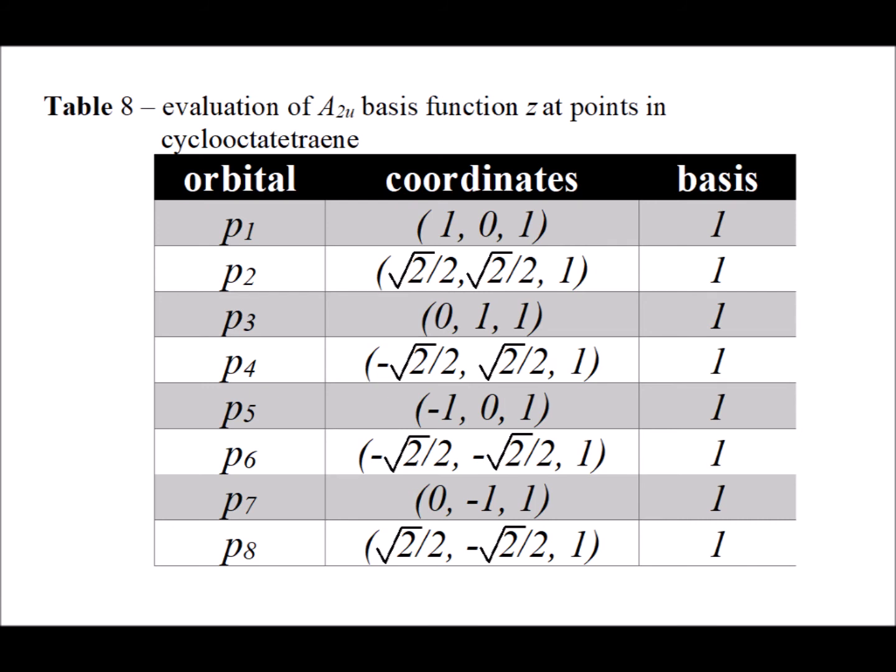So for the case of the A2U combination, we see that each point has an evaluated basis of 1, so therefore each one is going to have a coefficient of 1. We make our linear combination of atomic orbitals to make the molecular orbitals.